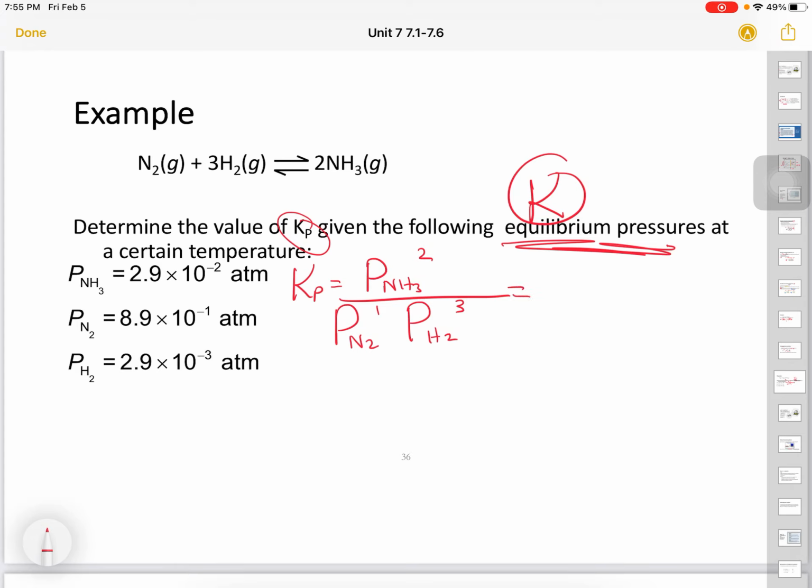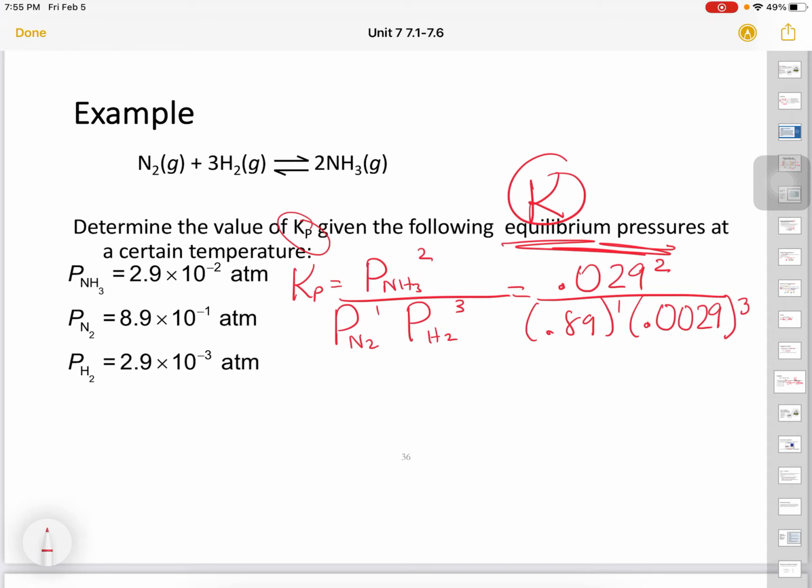Now we put in our numbers. 2.9 times 10 to the negative second. I'm just going to convert those because those exponents are tiny enough that I don't have to go nuts with it. Squared. 0.89, that's to the first, and 0.0029, that is cubed.